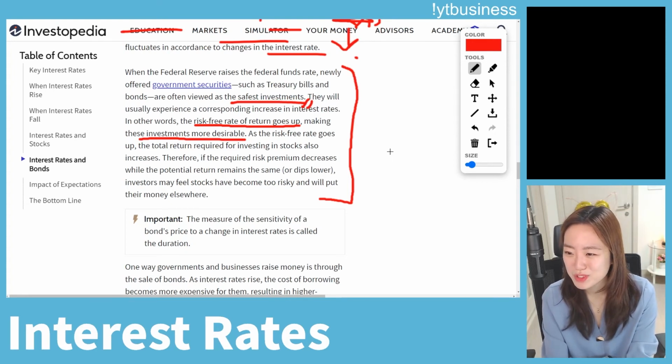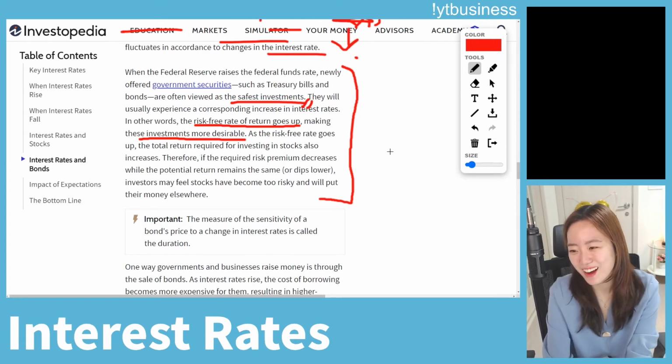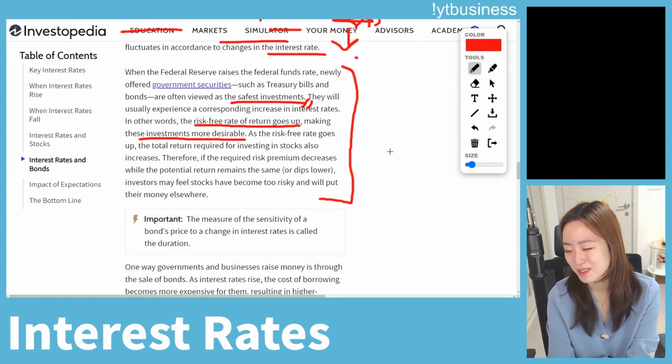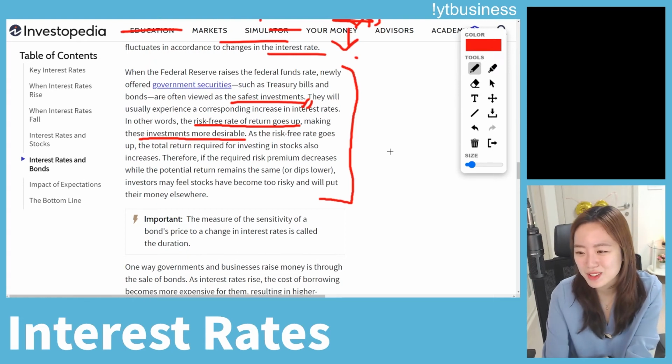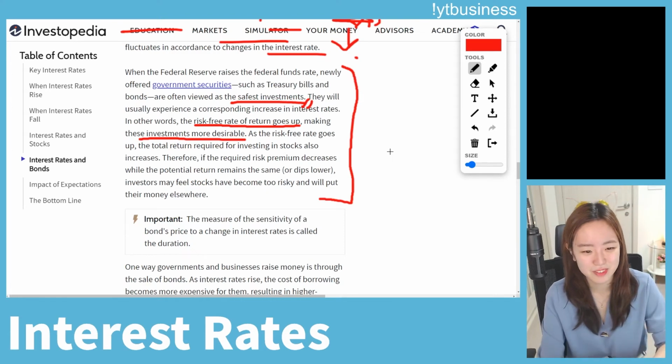Yeah, that was all big words. It's so obvious. Guys, if you know that there's no risk in a company, obviously you want to make an investment. And then if it goes down, you're gonna be like, oh yeah, obviously I don't want to do it. So lots of obvious.